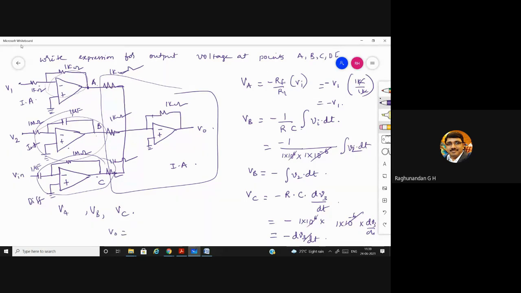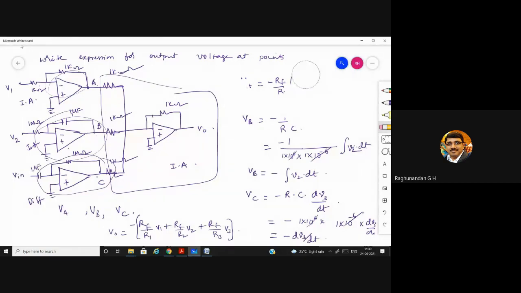So for that, first we'll write the equations. Minus will be common: Rf by R1 into V1 plus Rf by R2 into V2 plus Rf by R3 into V3. Substitute the values.